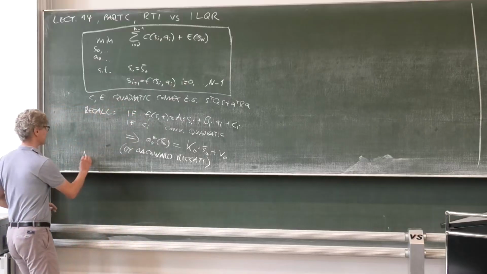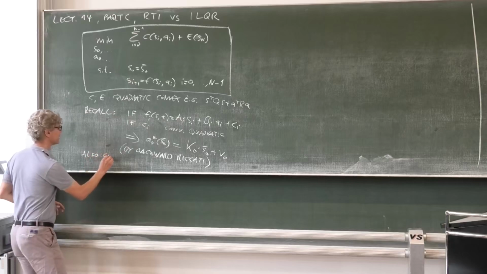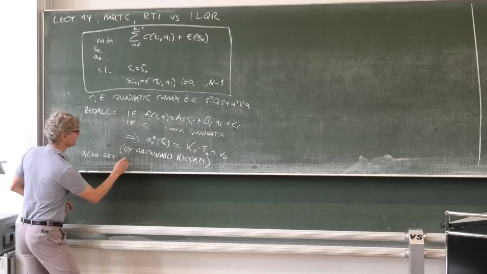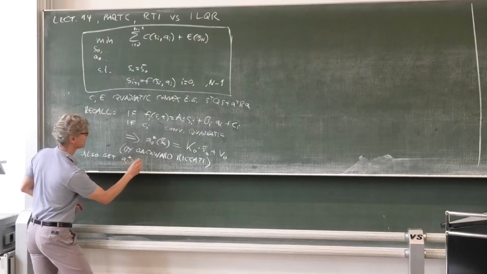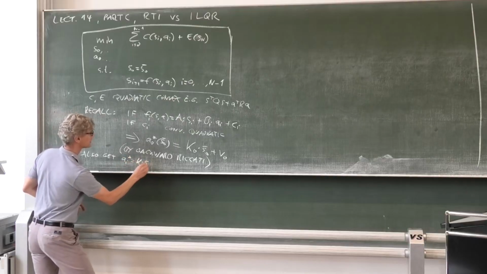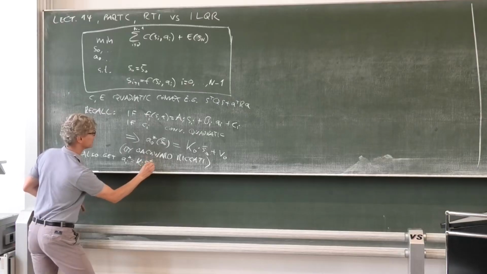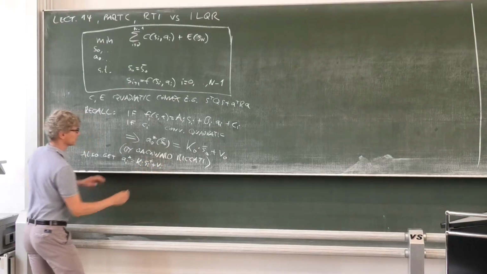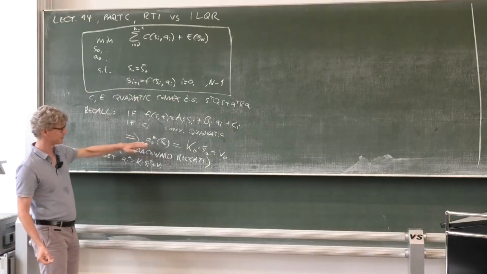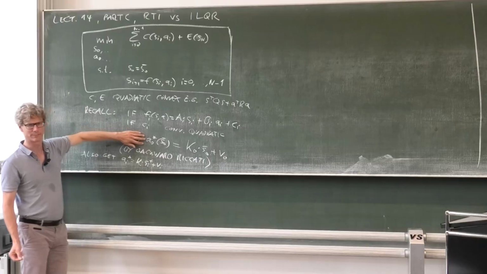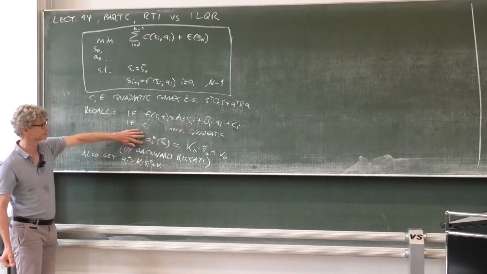So we would also get a_i star equals K_i s_i star plus v_i. So we get also other feedback laws, but for MPC we are only interested in this linear feedback law. That's the only thing we need in MPC. So we could stop here, right?